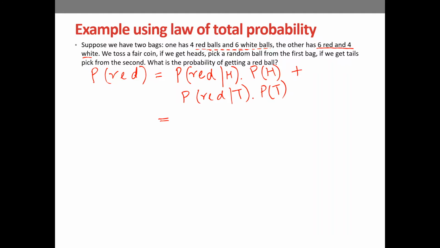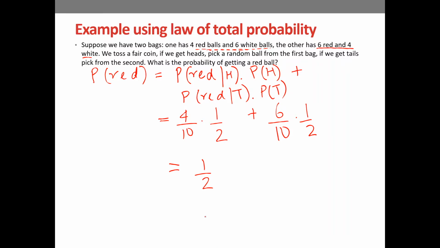In this case it is 4 over 10, because there are 4 red balls, and the probability of getting a heads is half. Either you can get a heads or a tails. And then 6 over 10, because we have 6 red balls in the second bag out of 10, and again 1 over 2, and this gives us 1/2.